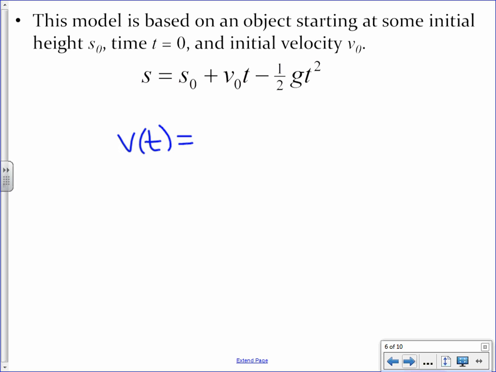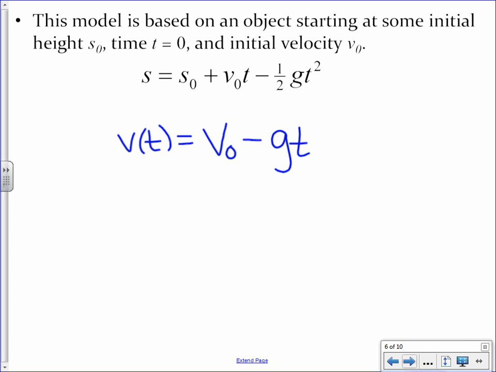A constant, right? So the derivative of a constant would be nothing. The derivative of a constant times t would just be the constant, minus gt. Notice how if time is 0, we're just left with initial velocity.